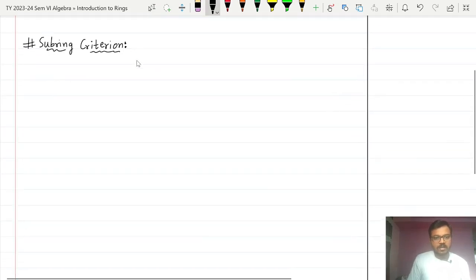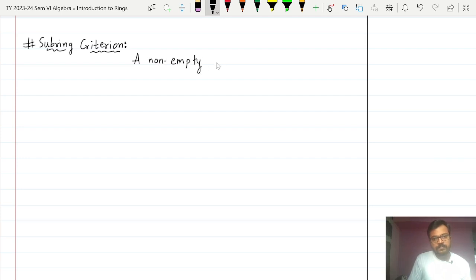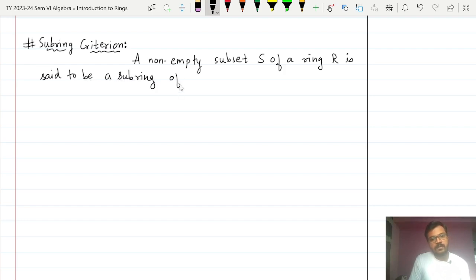So it says a non-empty subset S of a ring R is said to be a subring of R if and only if, remember it is if and only if, for all a, b belonging to S, these two properties are satisfied.